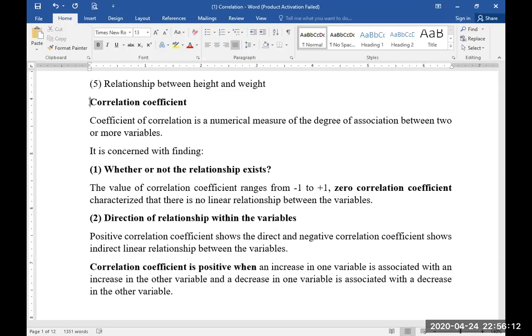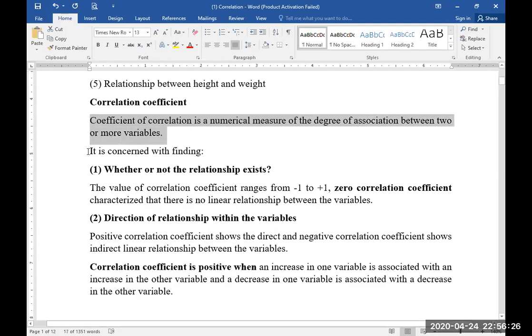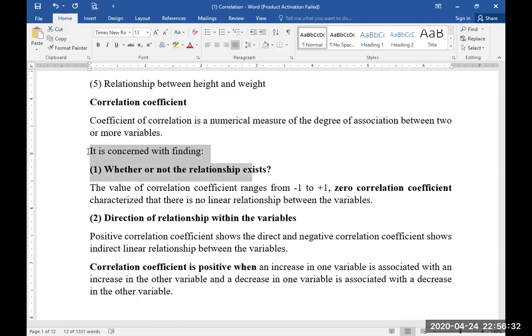Correlation coefficient. The correlation coefficient is a numerical measure of the degree of association between two or more variables. It is concerned with finding, number one, whether or not the relationship exists.